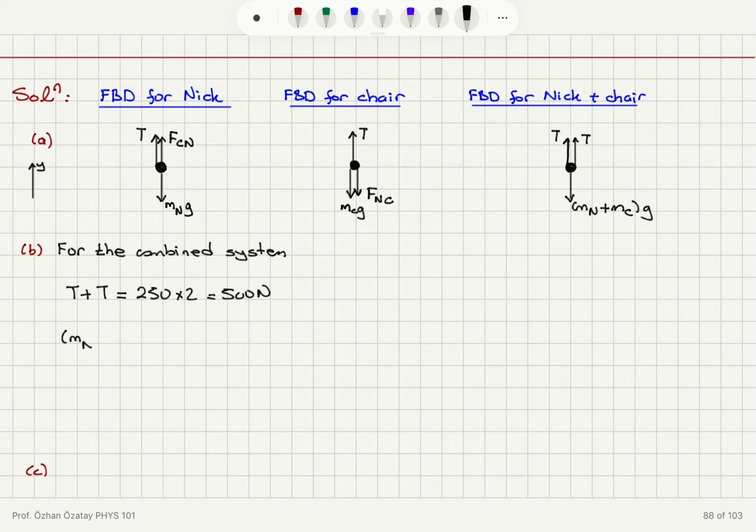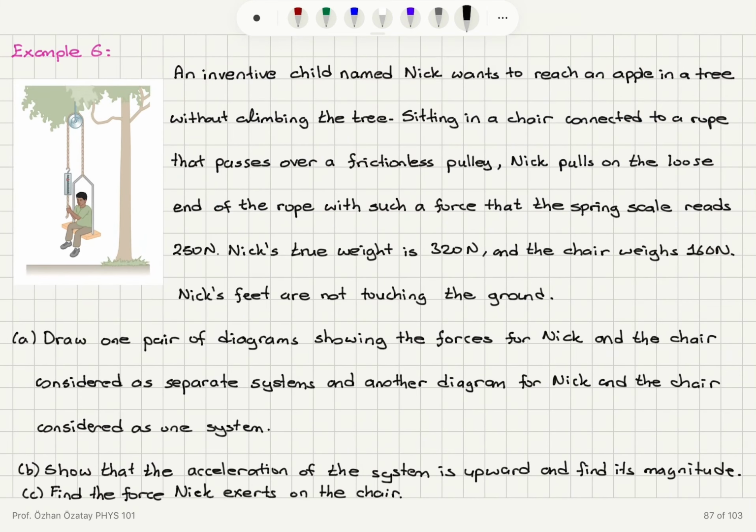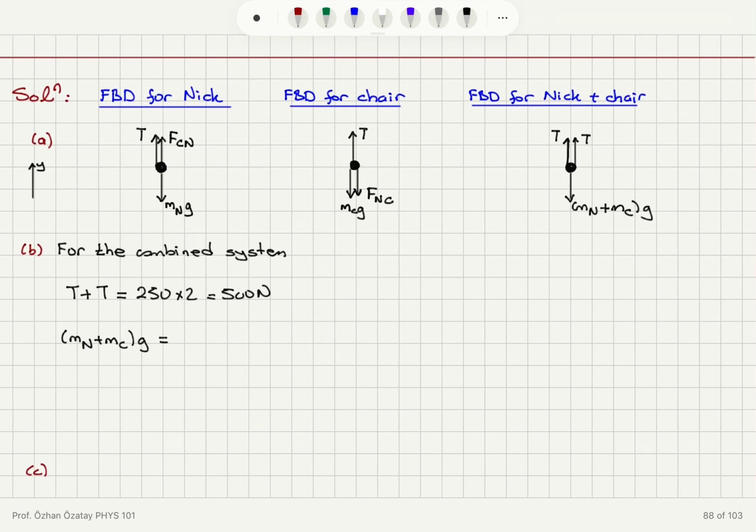What is the total weight? Mass of Nick plus mass of chair times g. Nick has a true weight of 320 newtons. The chair weighs 160 newtons, so it is 320 plus 160, 480 newtons.